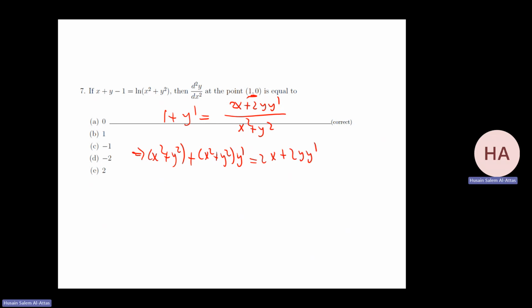Take the terms of y' on one side. So I have (x squared plus y squared minus 2y) times y' equal to 2x minus x squared minus y squared. Okay, so y' will be, oh, what a mess, 2x minus x squared minus y squared over this.